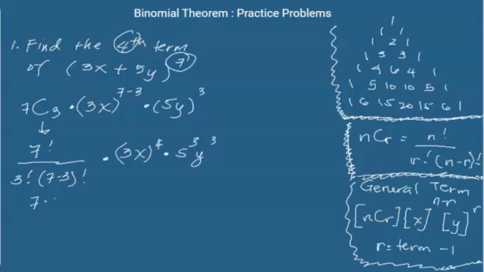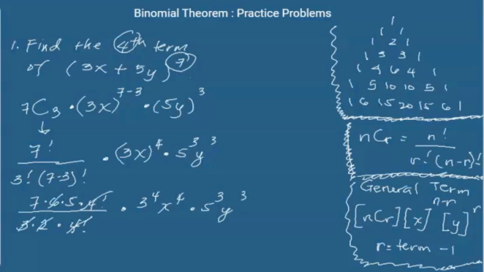So this will be 7 times 6 times 5 times 4 factorial over 3 times 2 times 4 factorial, and then 3 to the 4th, x to the 4th times 5 cubed y cubed.